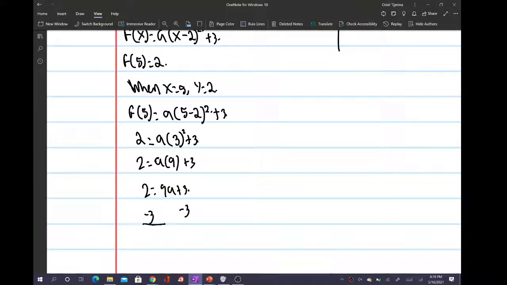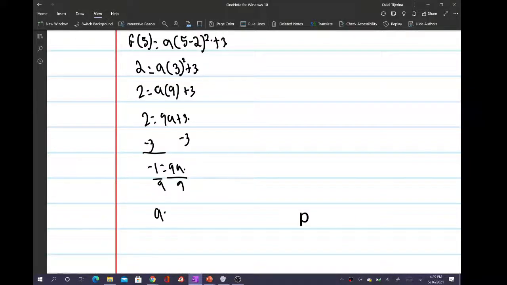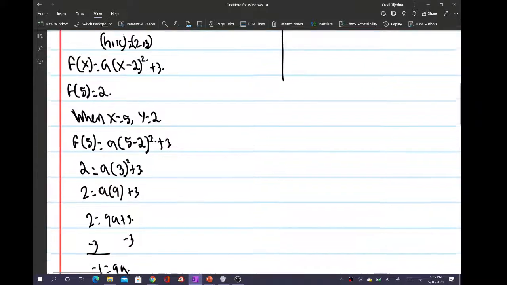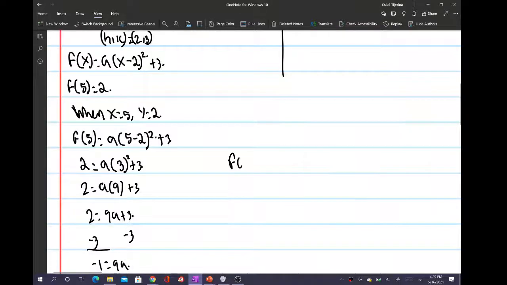So then negative 1 equals 9a over 9, and then you have a is negative 1/9. So the parabola would actually be f of x equals negative 1/9 times x minus 2 squared plus 3.